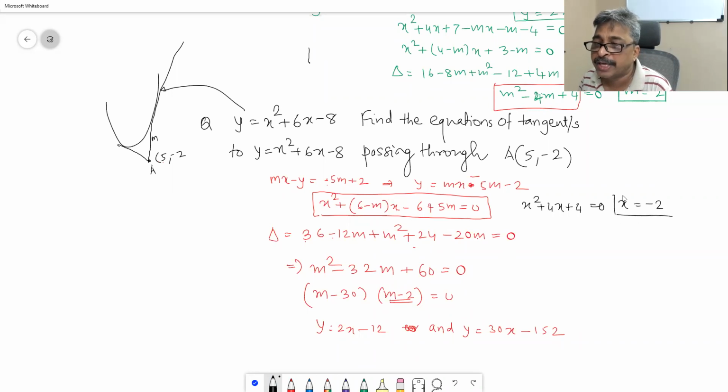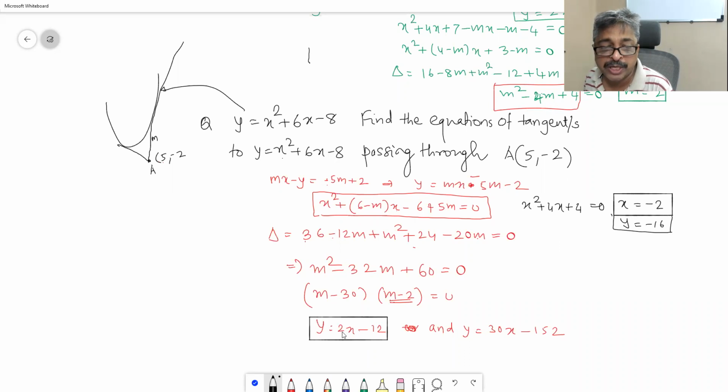That is one coordinate of the point of contact, and you put this either in the equation of tangent that you got, or back into the parabola, you will get the y coordinate. Minus 2 if you put here, you get 4 minus 20 minus 60. y is equal to minus 60. So this is the point of contact for this tangent.